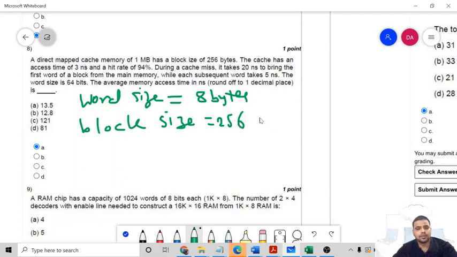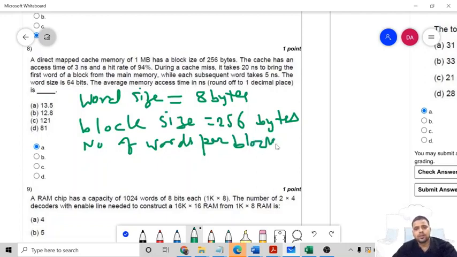Therefore the number of words per block is 256 by 8.